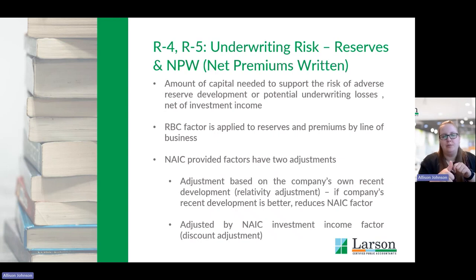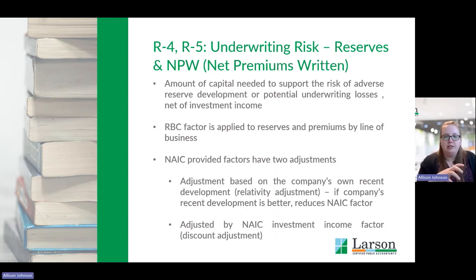That could be driven by reserves you thought were sufficient, but then actual claims activity comes through and you find out they weren't, or premium underwriting that you thought was okay, but once it actually comes through you realize it's not. That's why this is included in RBC, to help address that. The RBC factors we'll talk about are applied to reserves and premiums by line of business.